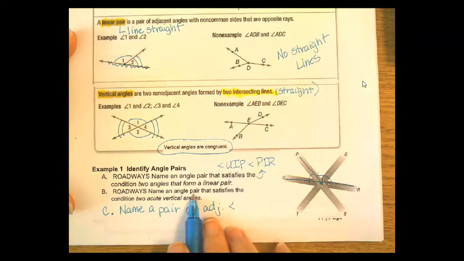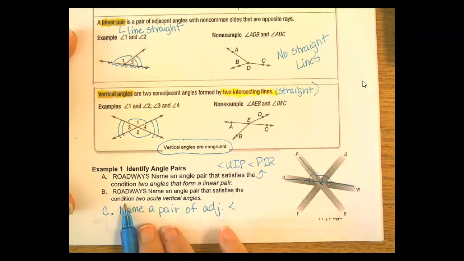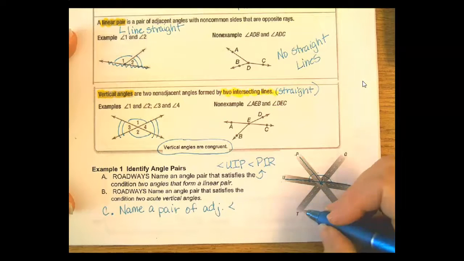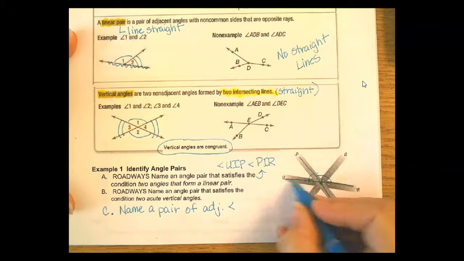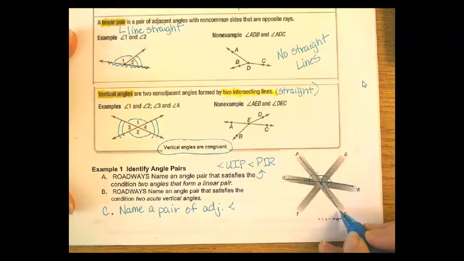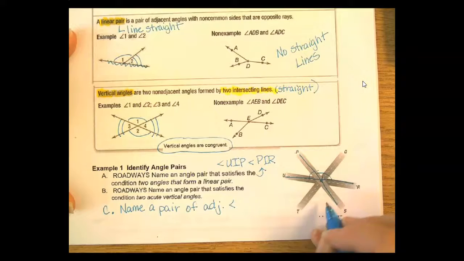Next, name an angle pair that satisfies the condition of two acute vertical angles. So vertical. Let's see here. Two angles that cross, and I'll just go ahead and use this guy. So this guy crosses with this guy.